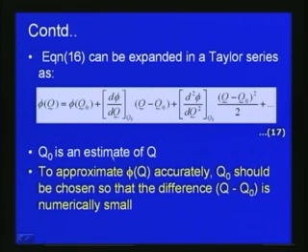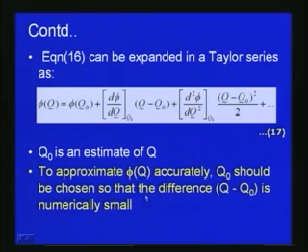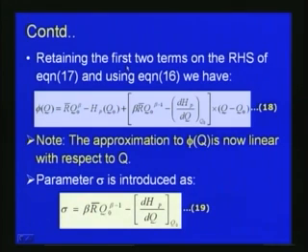Here q 0 is an estimate of q, and to approximate phi q accurately, q 0 should be chosen so that the difference q minus q 0 is numerically small. So, what we are doing here is trying to represent the nonlinear equation by defining a function phi q with respect to the nonlinear terms W(Q) and HP(Q) as in equation number 10 we discussed. Then we are using the Taylor series.